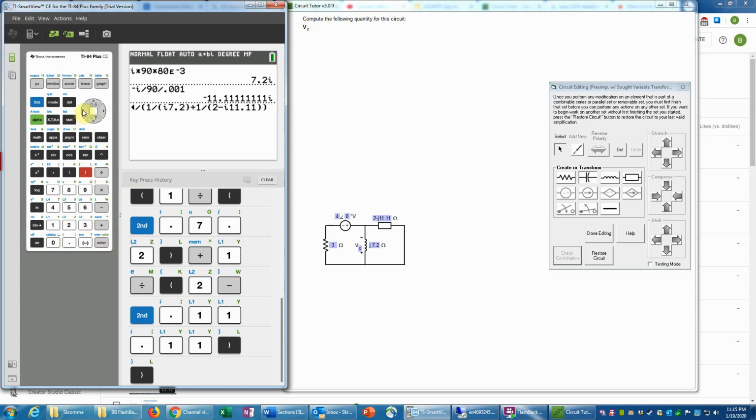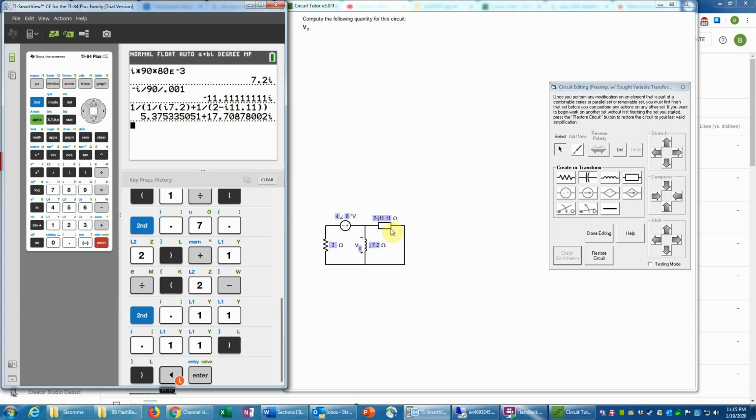I can go back if I like and review the expression to make sure it's all correct, but it does appear to be. So now I'll click enter, and that gives me the total impedance. And notice that I did put this in rectangular mode. If I forgot to put it in rectangular mode, then I could just change the mode now and re-enter this expression and evaluate it so it would come out in rectangular mode as desired. Or I could use a math function that would convert it, but this is the easier way.